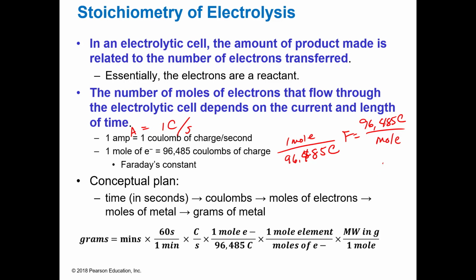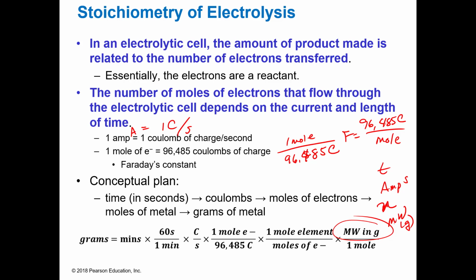So you have time, amps, and moles, remember that's moles of electrons. It also depends on the molecular weight in grams of your metal. This is your metal, not your compound. So it's whatever you're plating. It doesn't matter if it's silver chloride or silver nitrate or whatever, you're looking at silver.